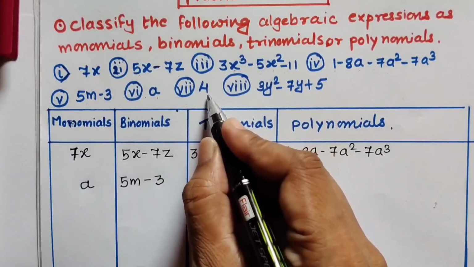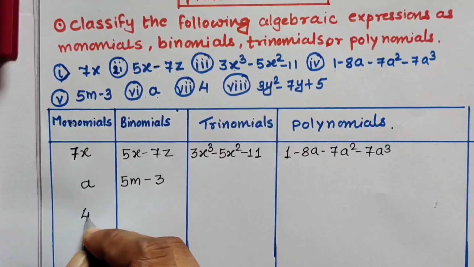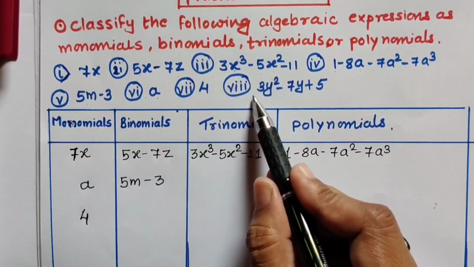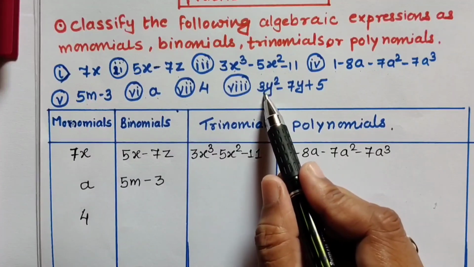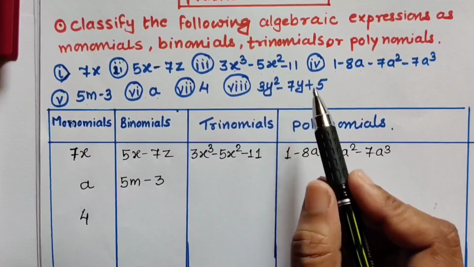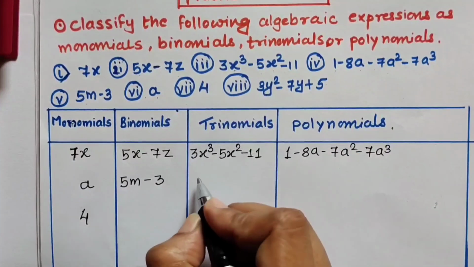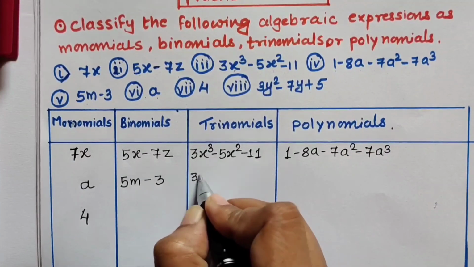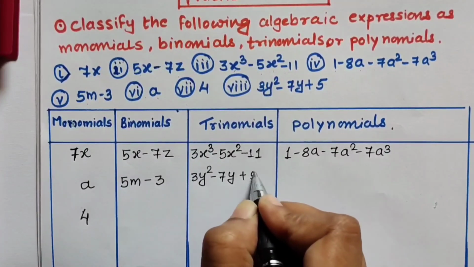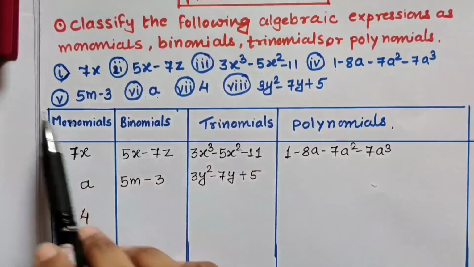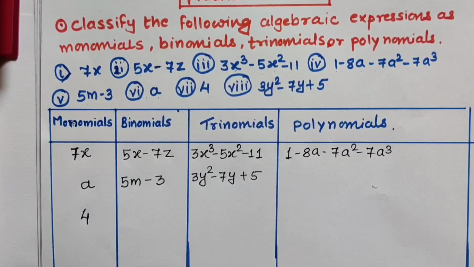Only 4, only a number is there, nothing else, that means it is a monomial again. And then the 8th sum is 3y square minus 7y plus 5, that means 3y square is the first term, minus 7y is the second term and plus 5 is the third term. 3 terms are there, we have to write in the trinomial. Here I am going to write 3y square minus 7y plus 5. So in this way we can classify the given expressions into monomial, binomial, trinomial and polynomial.